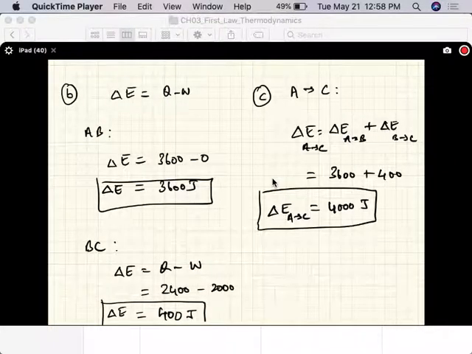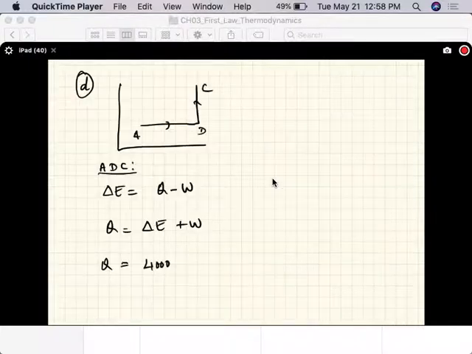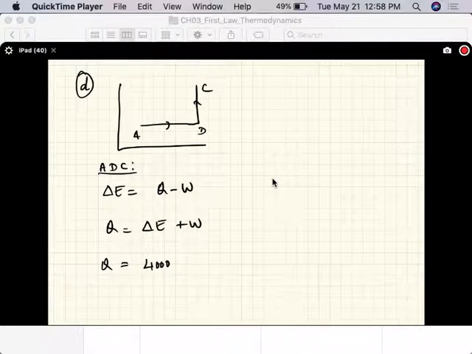We don't know the energy of state A, and we don't know the energy of state C. These are all differences. In going from A to C, we added 4,000 joules. All right, so plus 800. So in going along that path, you added 4,800 joules of heat.